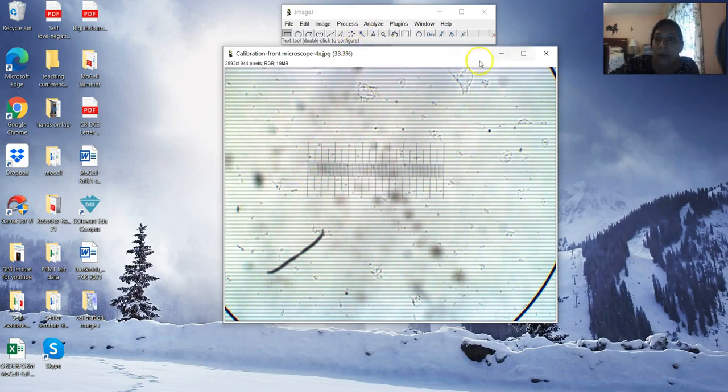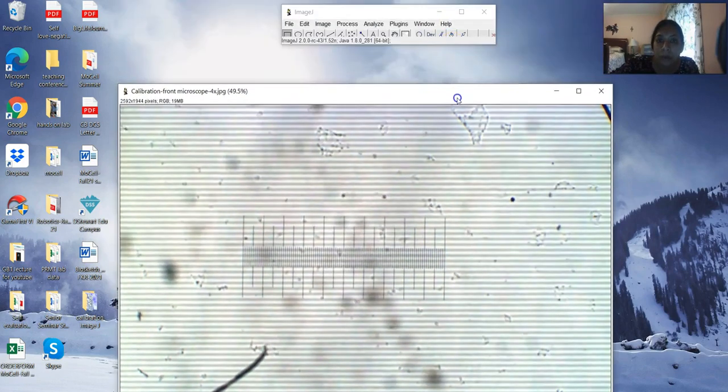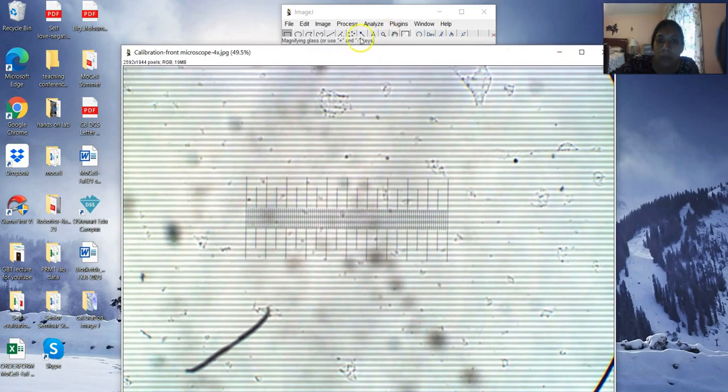So what I would do is take my line tool and measure from one of these big lines to the middle of the second big line, which identify 10 units at that time. You want to make sure that your line is straight, not tilted to one side or the other.